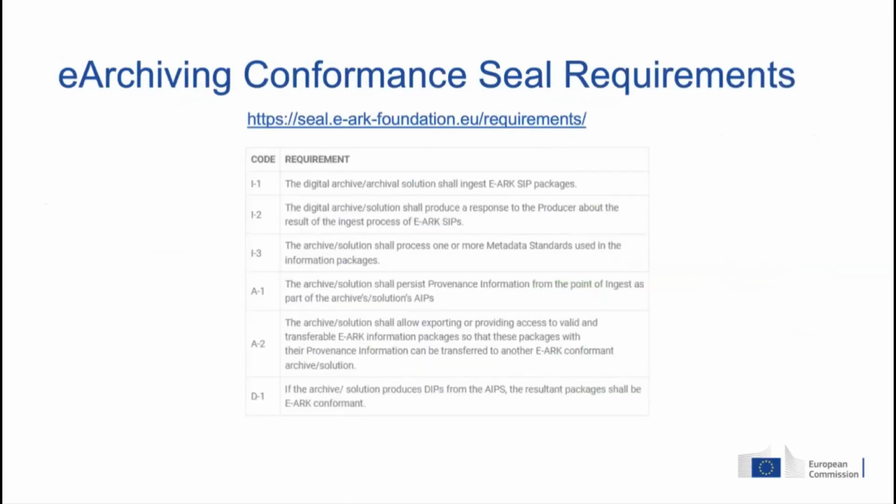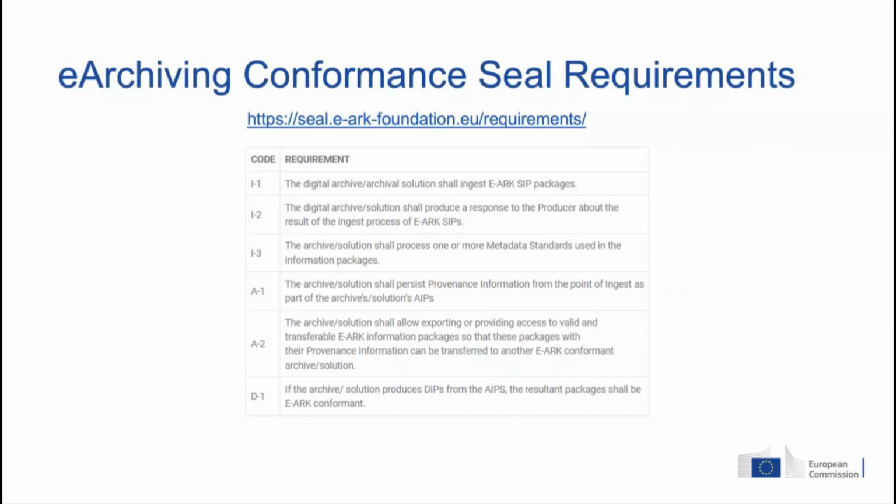So for the conformance seal, we have a set of requirements and it's a short list, and we wanted it to be short, and it actually takes into account that you might not have native AIPs, but you have a logical AIP in a repository system and you can export it. So this allows you, and then you validate these exported AIPs. We allow this specifically to have the freedom to implement the AIP how you want.